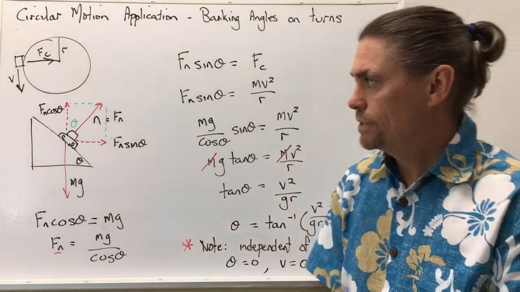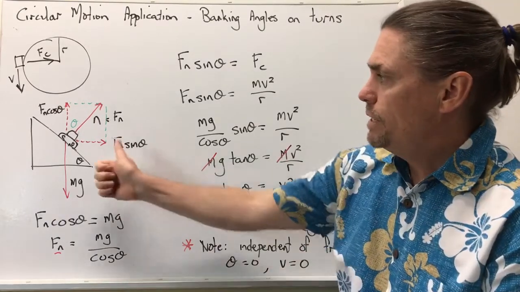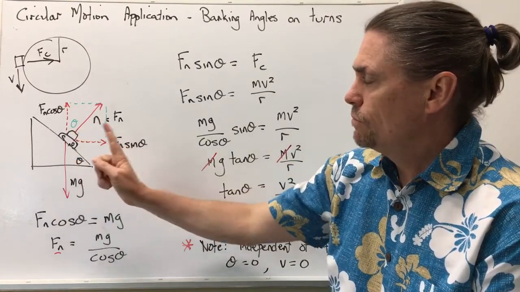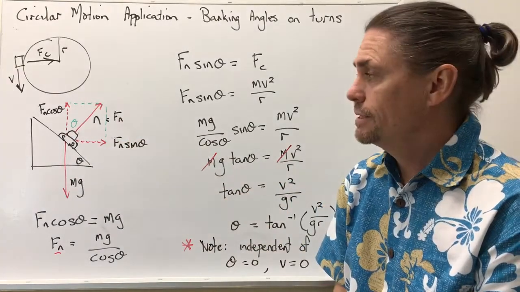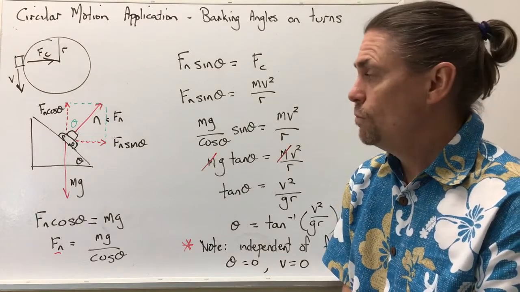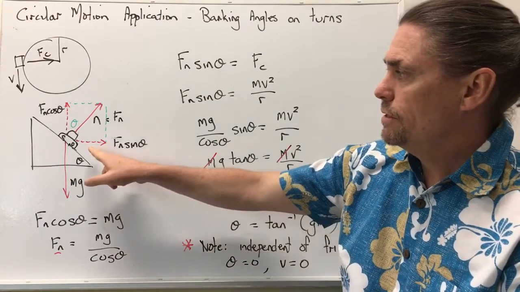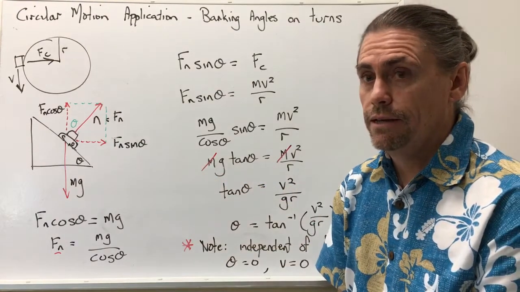Now we're just going to leave that for a second, and we're going to see what happens in the x direction. Now we know in the x direction, as this vehicle travels around this curve, it's going to experience centripetal acceleration caused by a centripetal force. Now we also know that the only other force acting on this is our Fn sine theta.